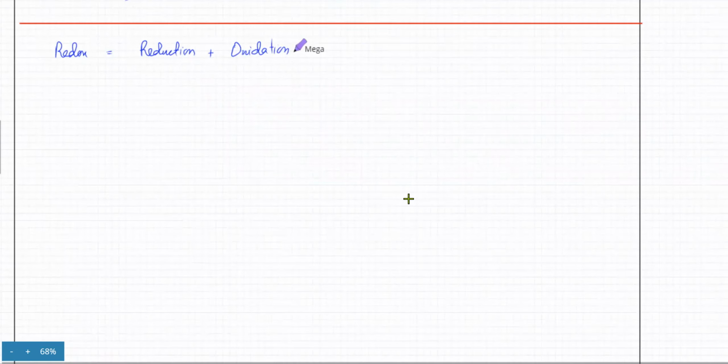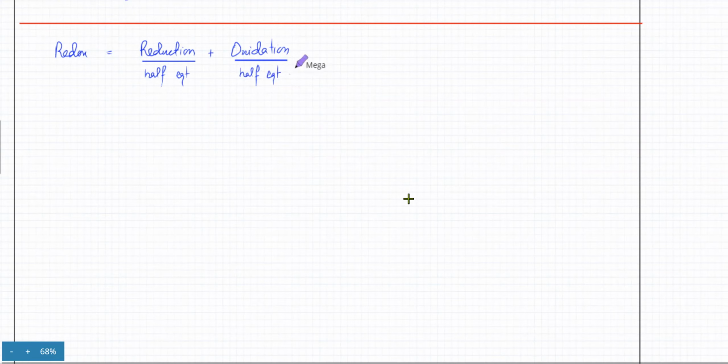Because if somebody loses electrons, there must be someone else that would be gaining electrons. So the two things work together. There would be two half reactions, which would combine to form a redox reaction. There would be a half equation for reduction and a half equation for oxidation.